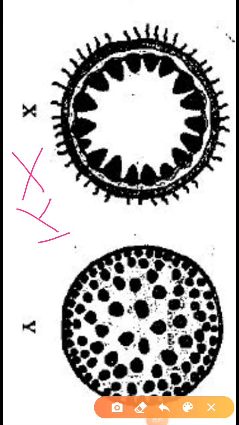Xylem. Xylem is composed of metaxylem and protoxylem. Xylem vessels are arranged like a V and Y-shaped.